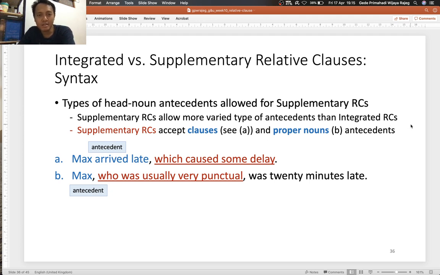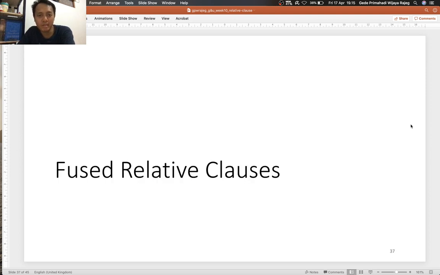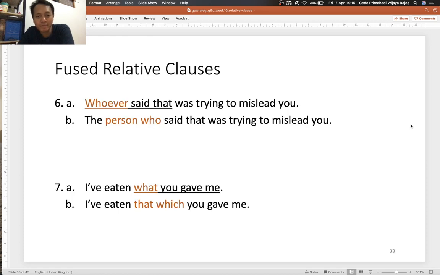All right, so that's the differences between integrated versus supplementary relative clauses. What I think is important between them is the different interpretation that can be produced by these two types of relative clauses. Now, what are fused relative clauses?